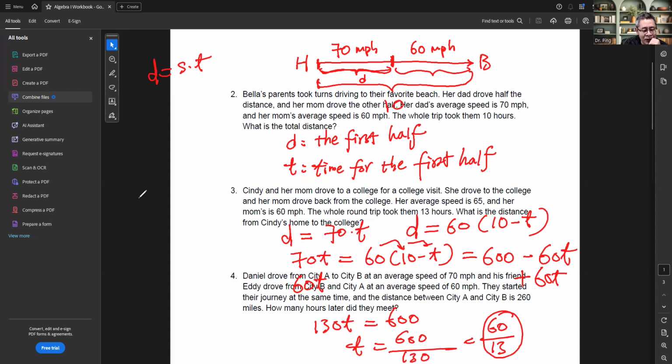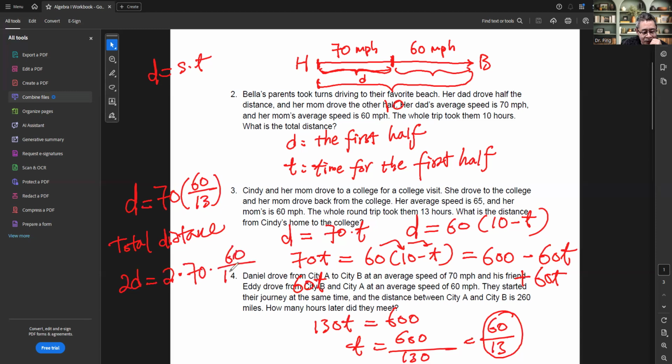Remember the distance d is 70 times t, which is 60 over 13. But the total distance then is twice of d. So that equals 2 times 70 times 60 over 13.